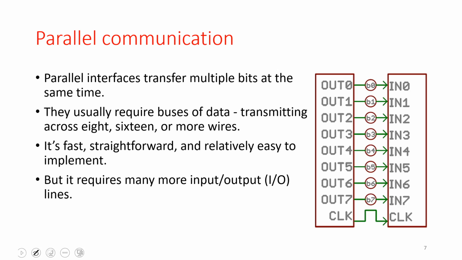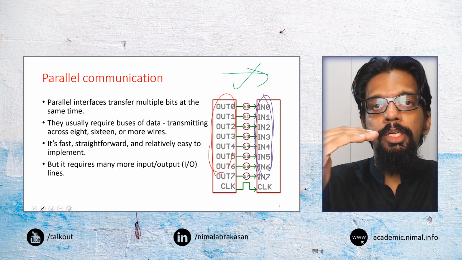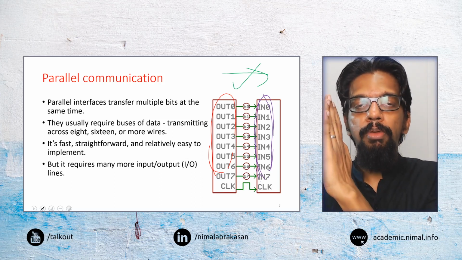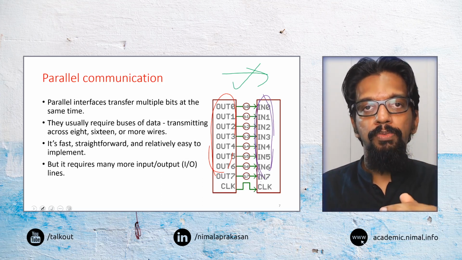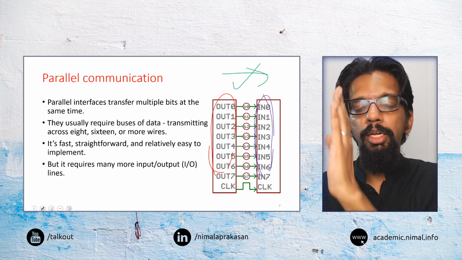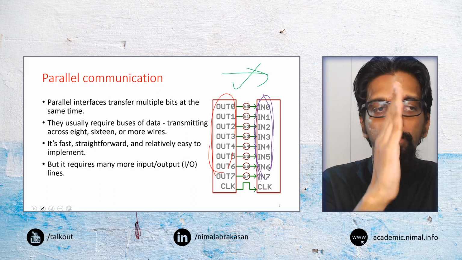So we would have a number of bits that need to be communicated, and the same number of bits will need to be received at the receiver's end, and all of them will be communicated at the same time. So there's no time delay in between the bits. All the bits are communicated at once, not like one bit after the other. All of them are together and sent across from input to output.